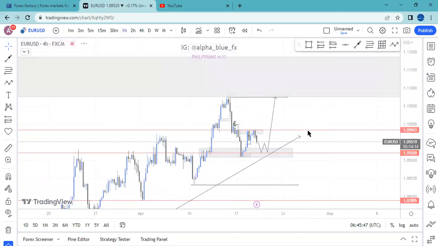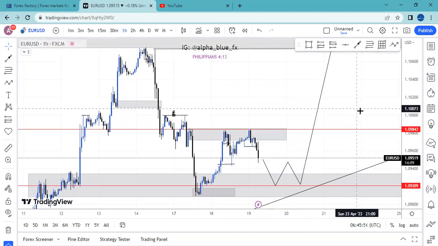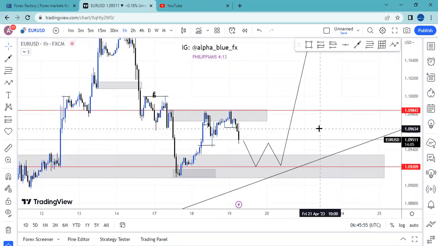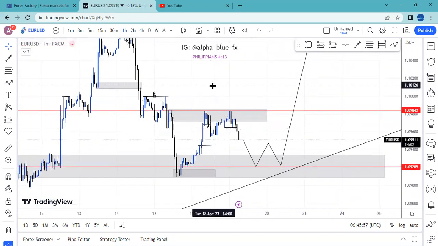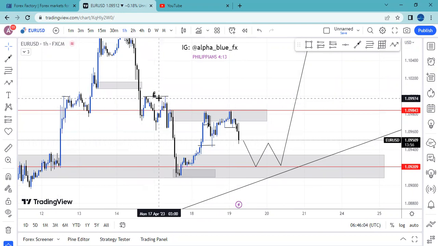Now let's go to the 1 hour. This is what the 1 hour looks like. If you look at all of this, you see that price is just creating more buy side liquidity. So what is likely going to happen? Right here, you see there's an equal high.